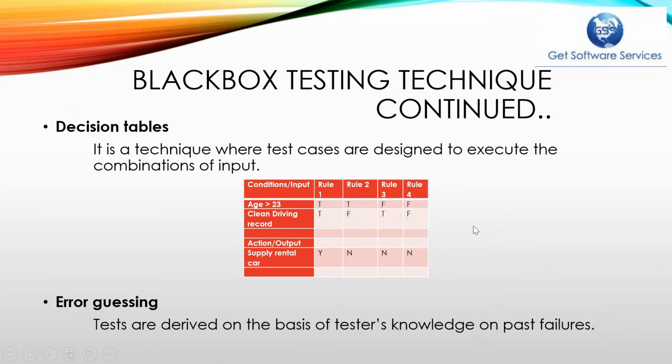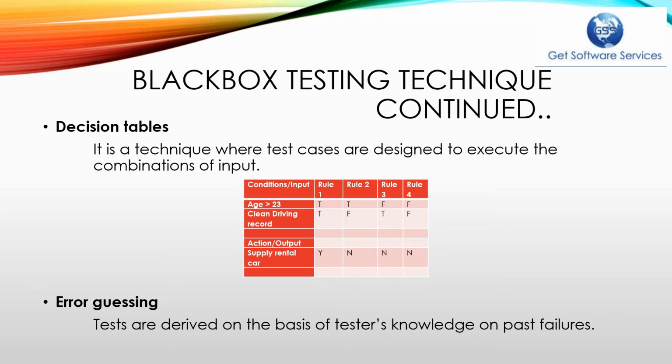And the last testing technique we have is error guessing. This is a very simple technique where you randomly test the application without following any formal test cases. So based on the tester's knowledge and experience, you test the application. You guess, okay, this is the area where I can find bugs.